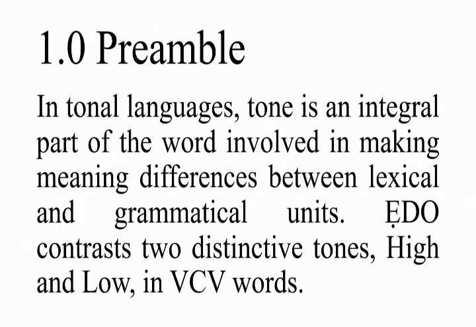In tonal languages, tone is an integral part of the word, involved in making many differences between lexical and grammatical units. Edo contrasts 2 distinctive tones, high and low, in nouns of the VCV type, that is 2-syllable word nouns.